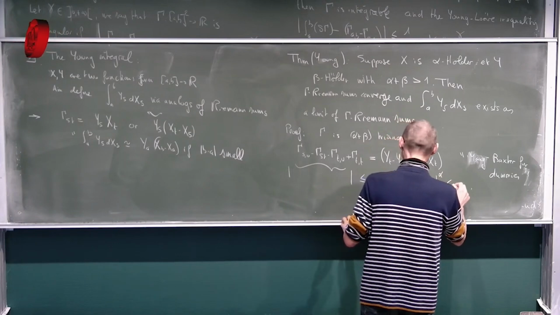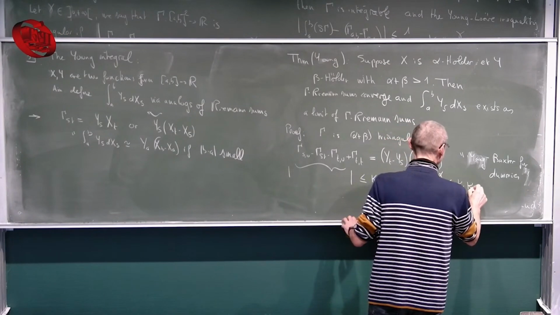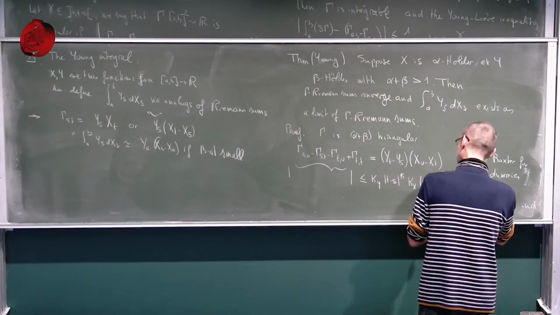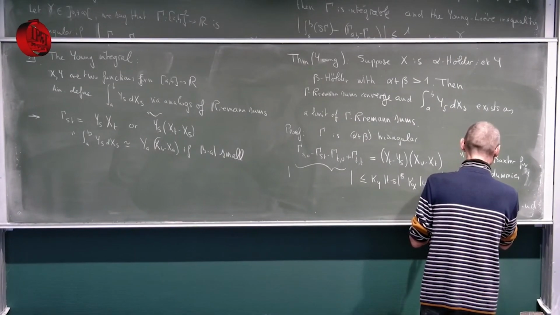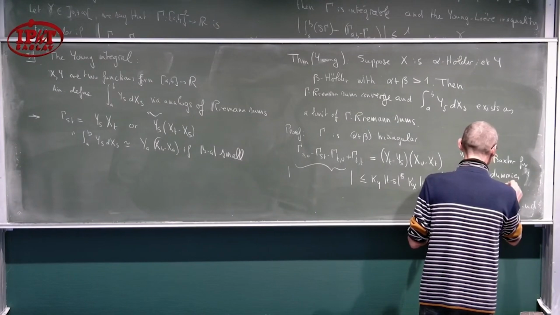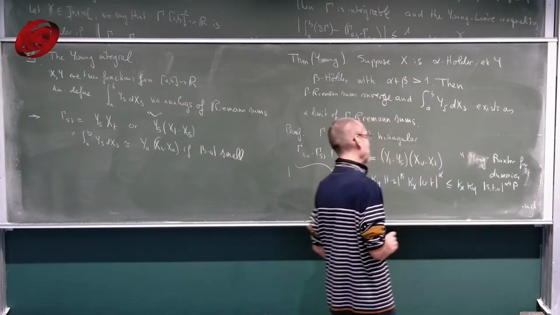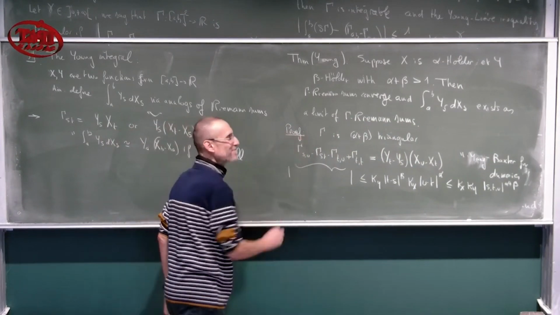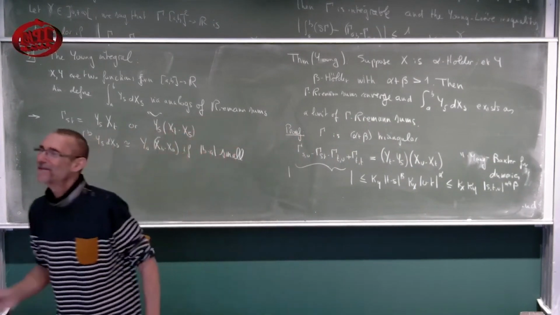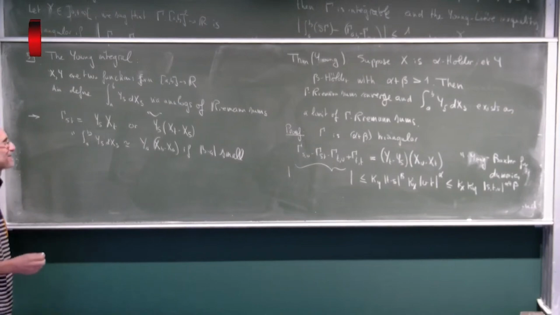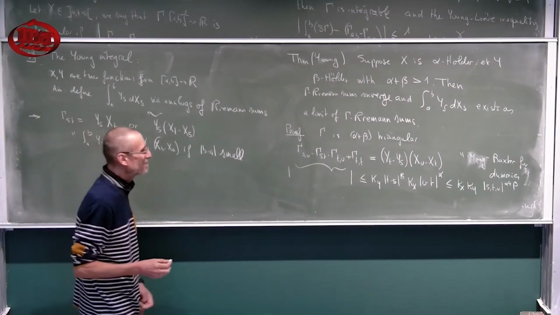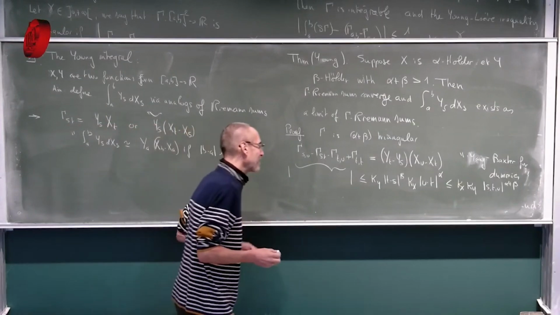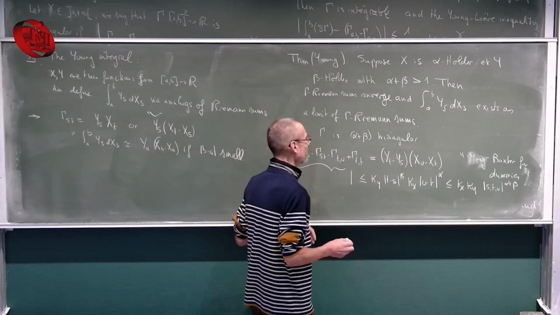And this is less than k_x k_y times (u minus s) to the alpha plus beta. So this is essentially a one-line proof of the existence of the Young integral based on the sewing lemma. So we have to know the sewing lemma before. But you see, it does the job.